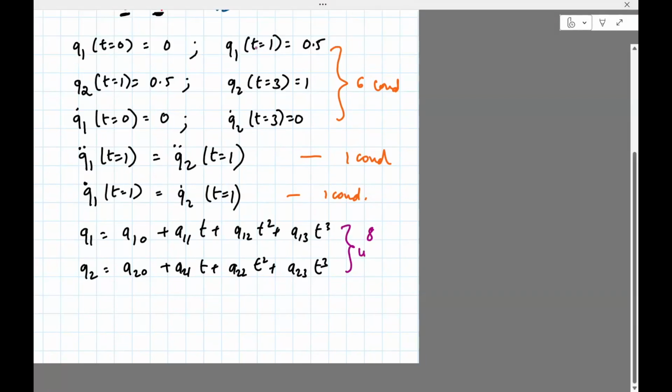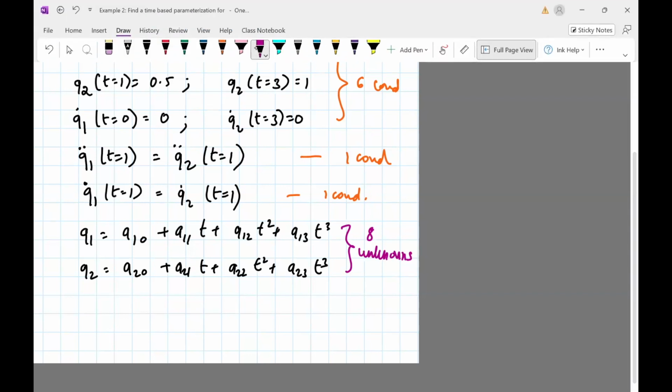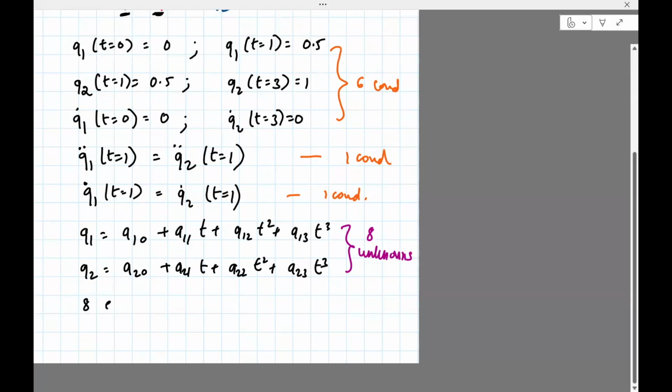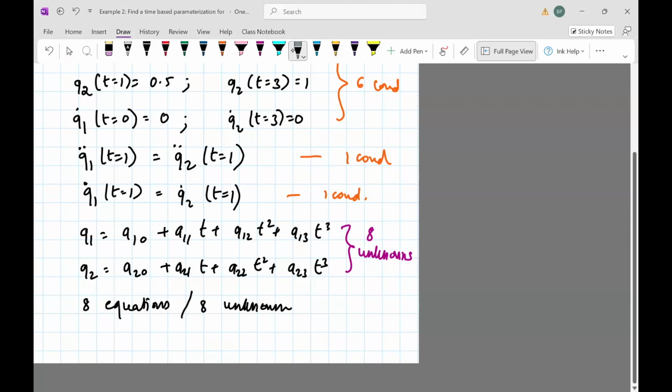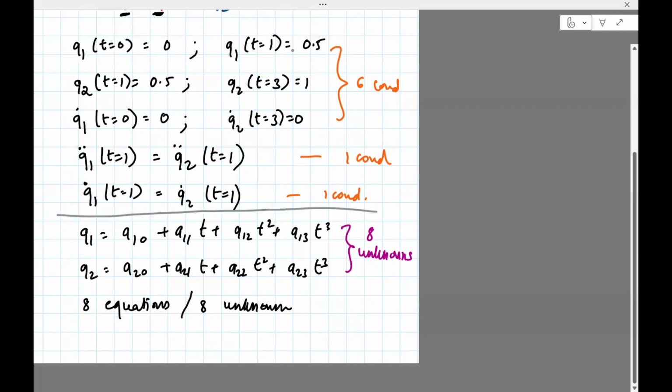So 8 unknowns, 8 equations, 8 unknowns, we can solve it. So you've got to set up the equations the same way I've done before, and then solve for the constants. Okay, so I would say that you can do this yourself.